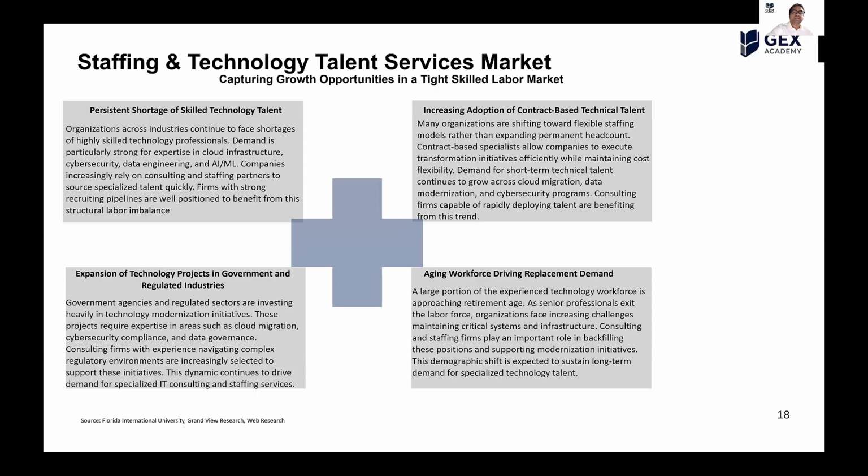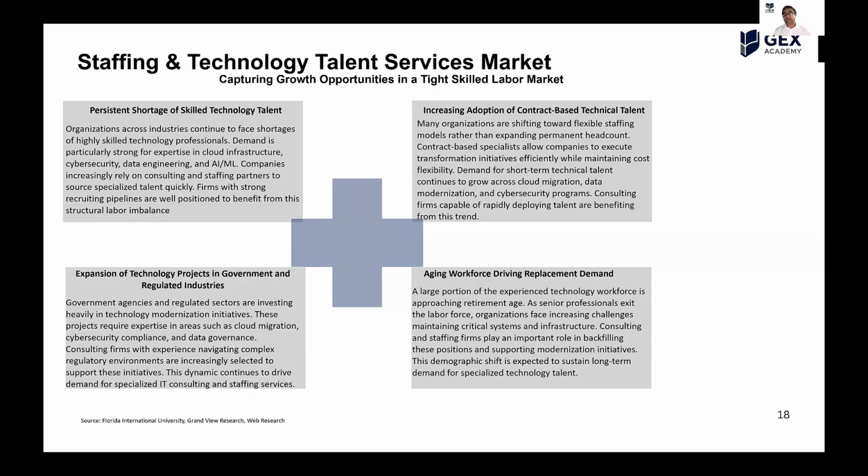So organizations operating in these environments frequently seek external partners that possess both technical expertise and also experience navigating regulated operating environments. As a result, consulting and staffing firms that understand these requirements can benefit from growing demand across the sectors. So that's another important trend.